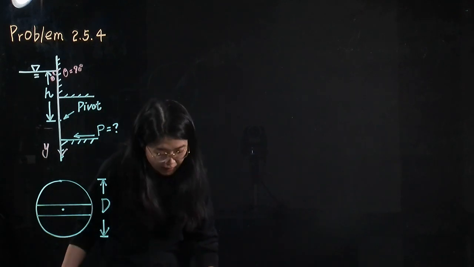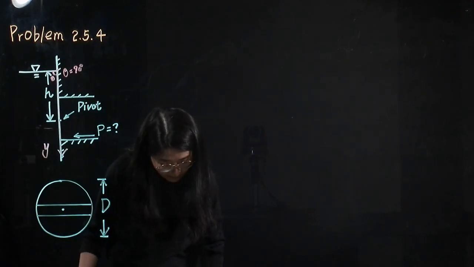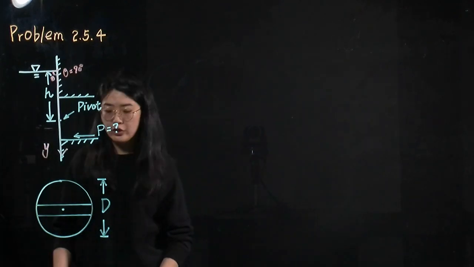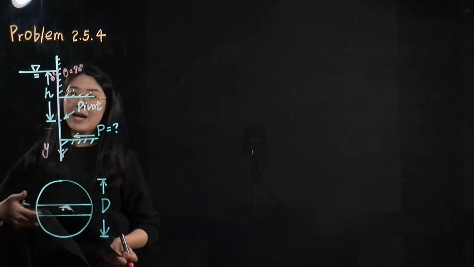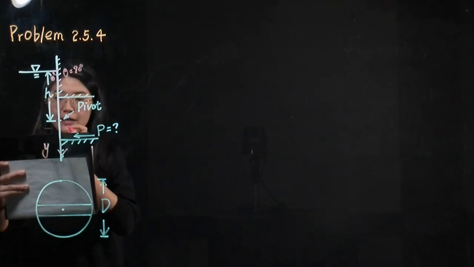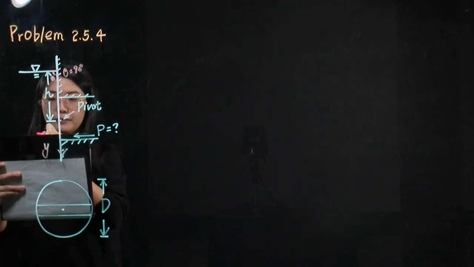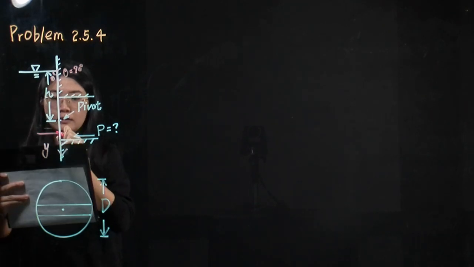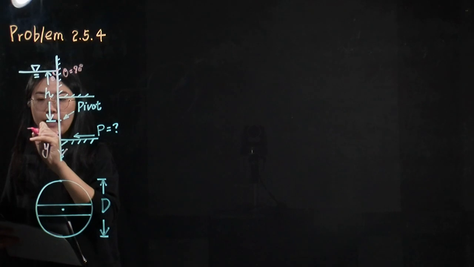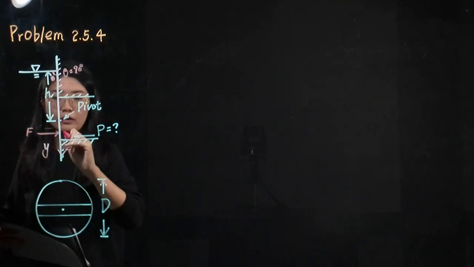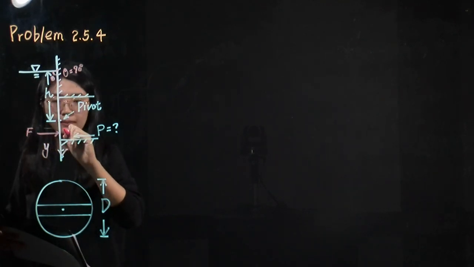To determine the horizontal force, we need to figure out the magnitude of the hydrostatic force F and its location. We call the location here YP.